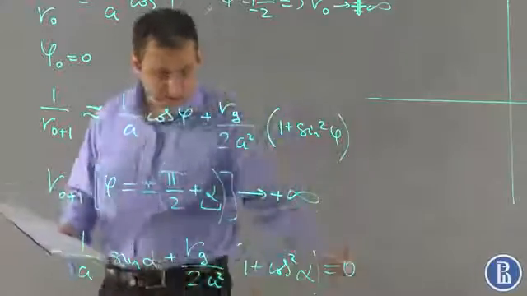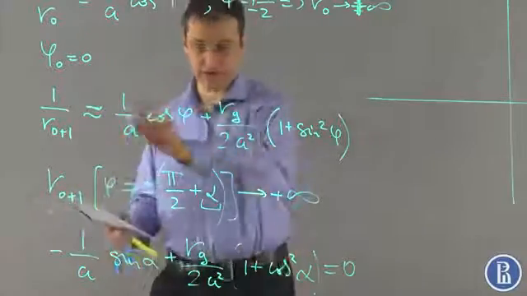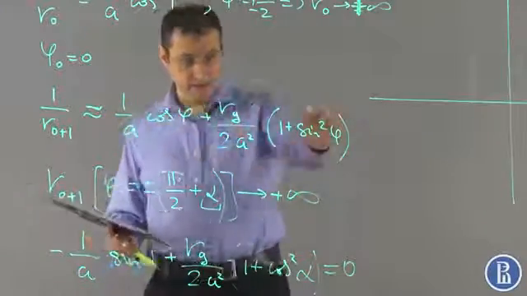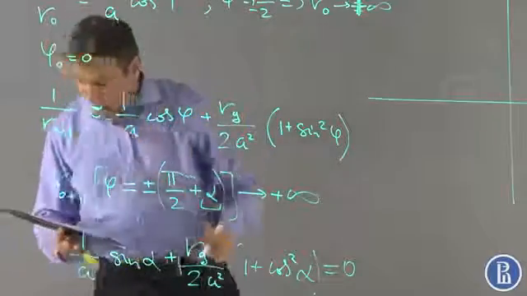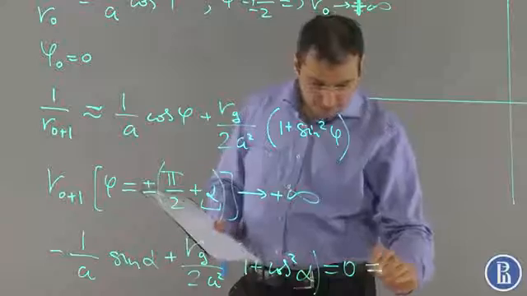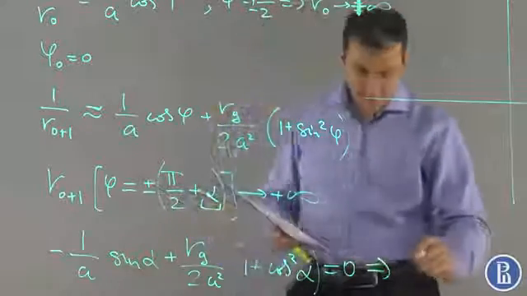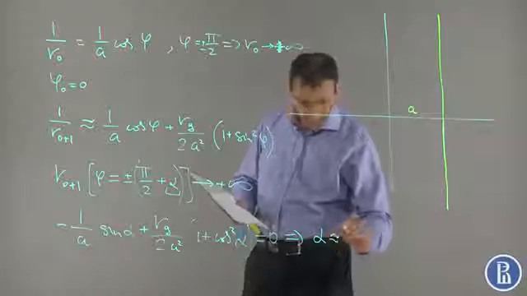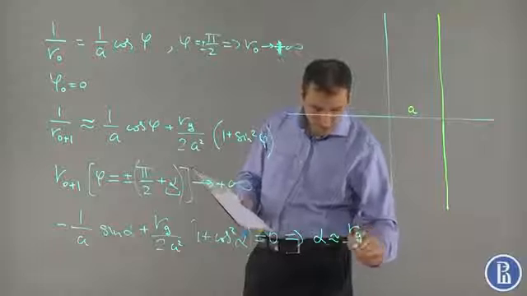So alpha solves this equation. When this becomes 0, r0 goes to infinity. The approximate solution of this equation is alpha approximately equal to Rg over a.